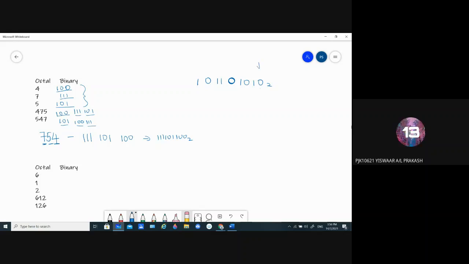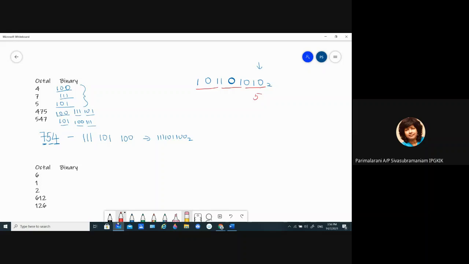Okay, so starting from the right, we are going to divide into threes. So we have three numbers here, three numbers and three numbers, and then we are going to replace the three numbers with the equivalent octal digit. So 010 is what in octal? 5, is it?